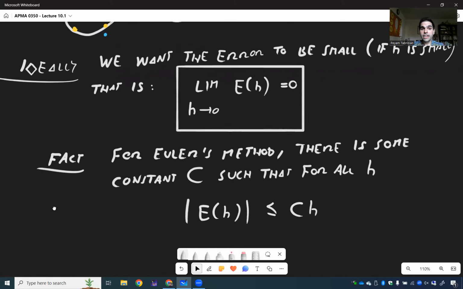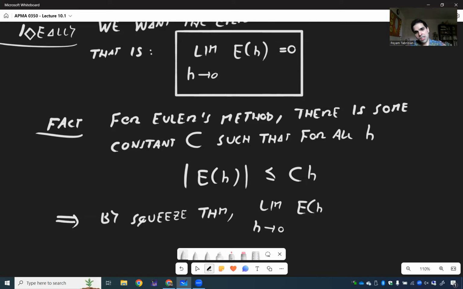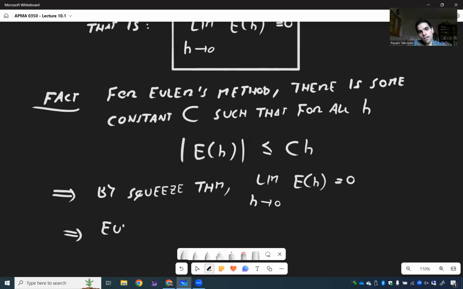In particular, this does imply by the squeeze theorem that the limit as h goes to 0 of E of h is 0, and therefore Euler is a good method, meaning eventually all the points go towards the true solution, which is good.